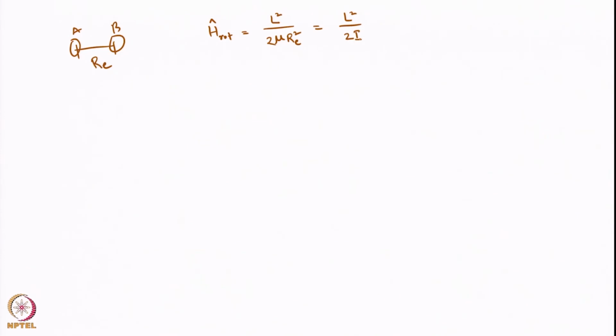Now, what is my L square? L square is equal to minus h bar square into 1 over sin theta d by d theta sin theta d by d theta plus 1 over sin square theta d square by d phi square.